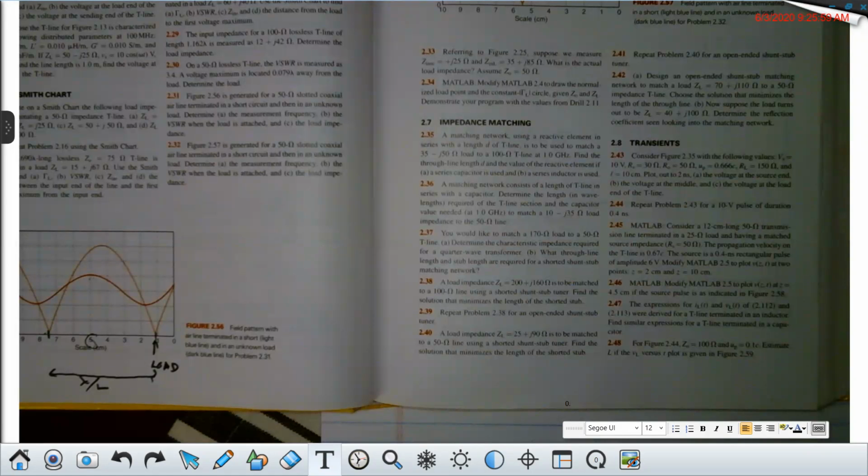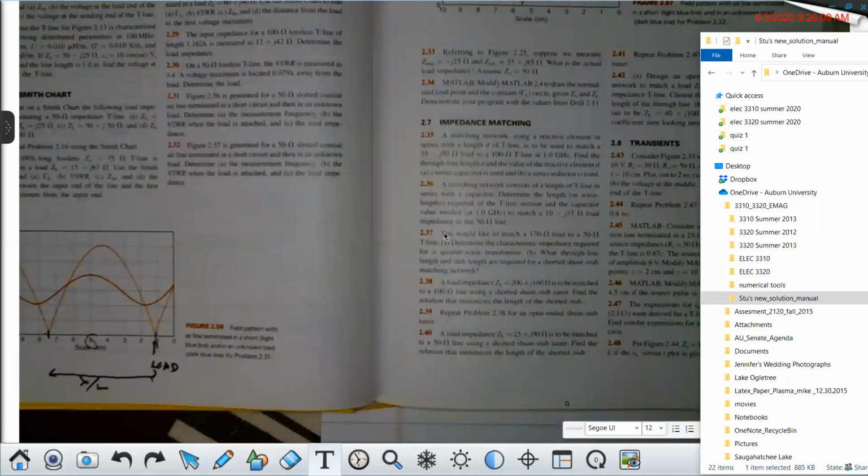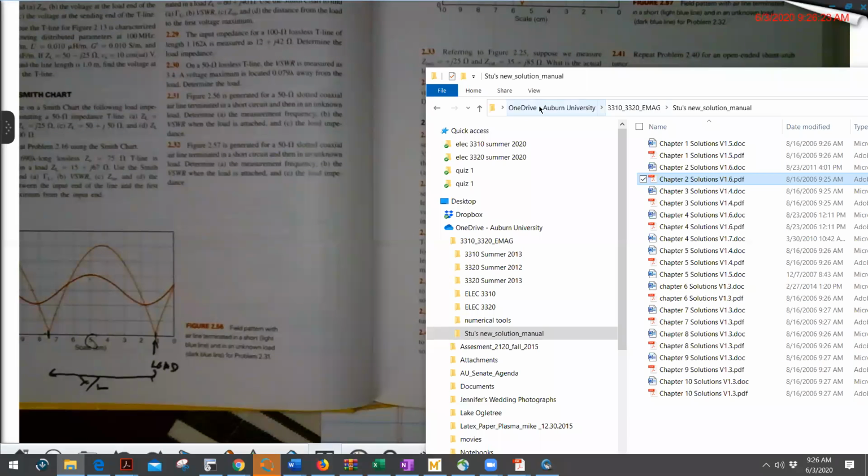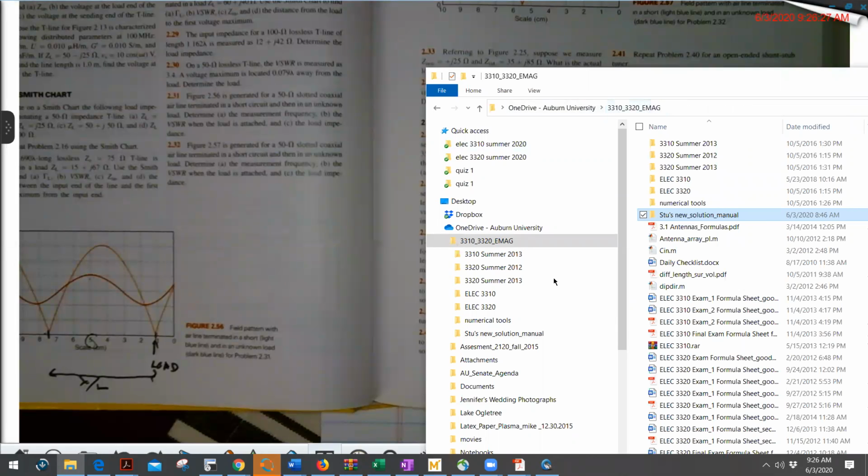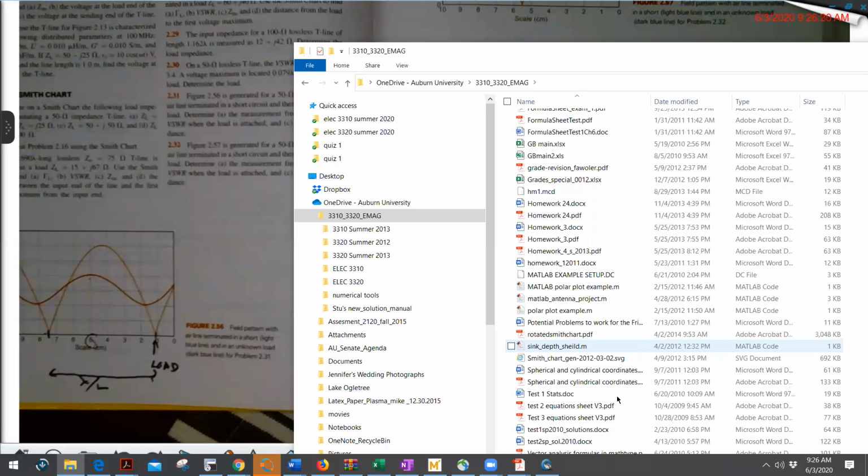Now, what I need to do is I've got to print off a few more Smith charts for myself while you guys are doing it. If I can find it. Hey, actually, I might have that.